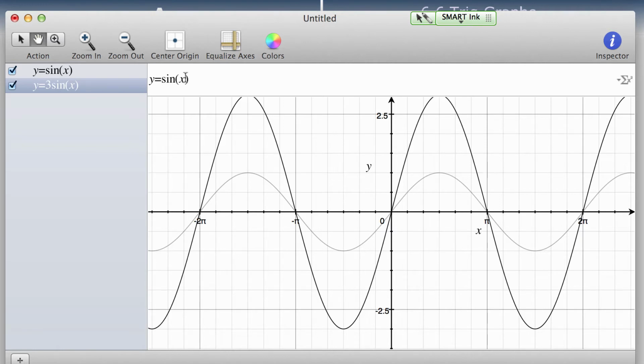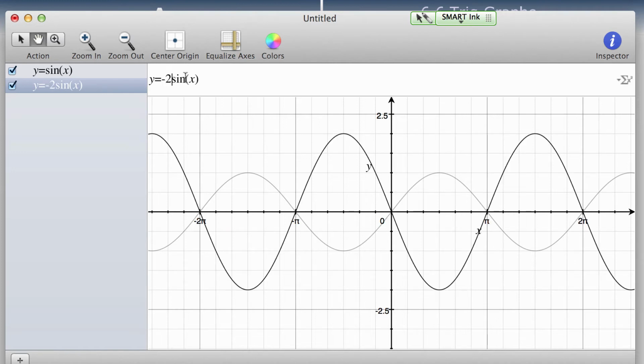How about a minus number? What do you think is going to happen if you put a minus in there? Say a minus 2. Oh, so it does two things. It flips it over and it doubles the height of it. When we're looking at a trig graph, typically we have a different name for that because it's a periodic function.